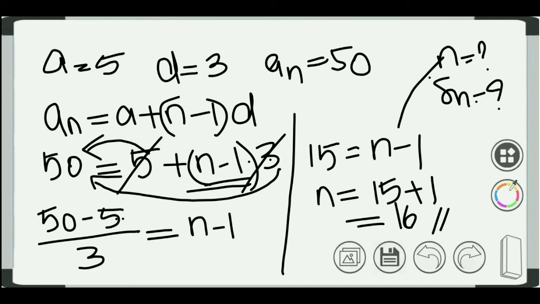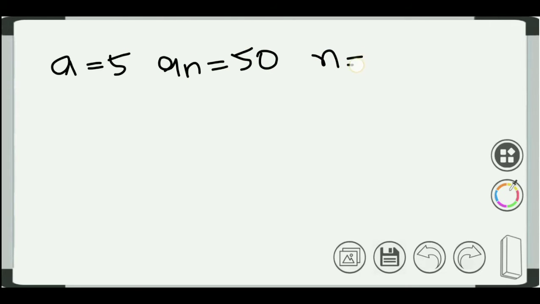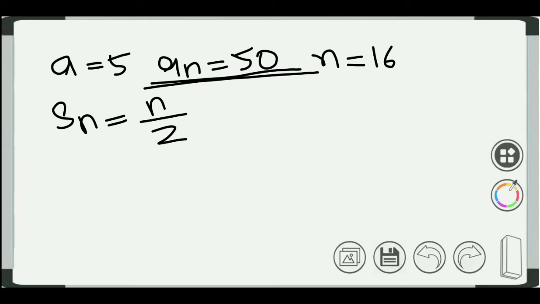Now easily you can find Sn. First of all, you write the given details. a is equal to 5, an is given 50. Now we got n is equal to 16. Now can you find Sn? Sn is equal to n by 2. Since we have the value of an, you can take the second formula, n by 2 into a plus an. n we got 16.